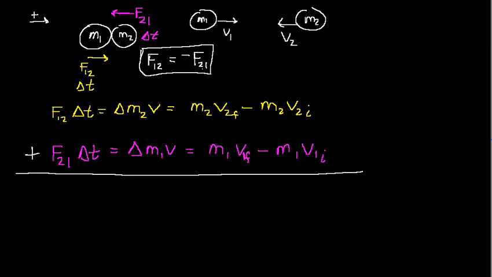Action-reaction pair. If one of these forces is the negative of the other, and they're equal in magnitude, when you add this term to this term, you'll get 0.